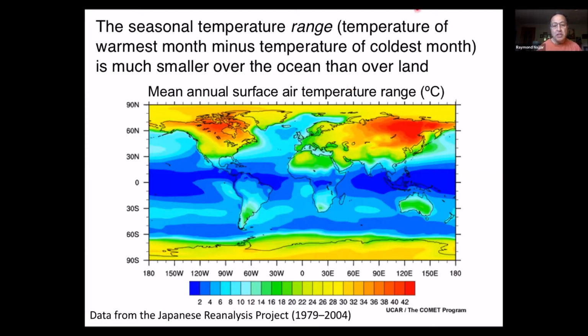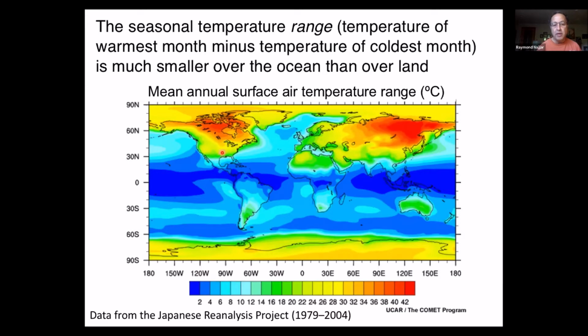So you can see it's over land, particularly where the air is taking a long time to get there from the ocean. The air at mid-latitudes travels from the west to the east. So this land here hasn't seen the ocean in quite a while, and so this is a very continental climate, with an extreme temperature range.